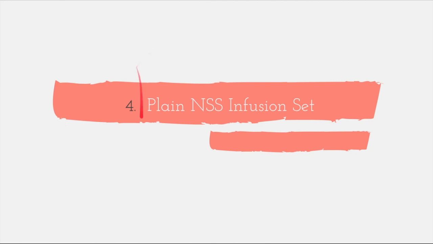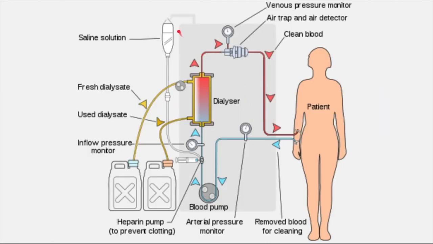Okay, next will be then the plain NSS infusion set. So the infusion set can be seen in this other diagram that I have through here, the saline solution. And this is where the heparin injection site will be. So if you can see here, there are two different ports for the injection site and the saline solution.